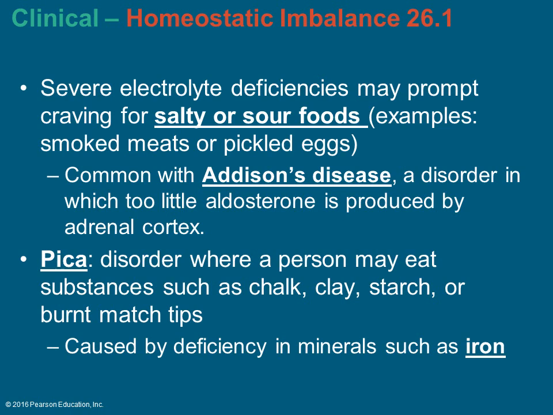If there is a severe deficiency in electrolytes, it can cause cravings for salty foods or maybe sour foods. Pica is one that some people may or may not have heard of. It's a disorder where people tend to want to eat substances that most of us don't eat, like chalk or clay. It's usually caused by a deficiency of iron.